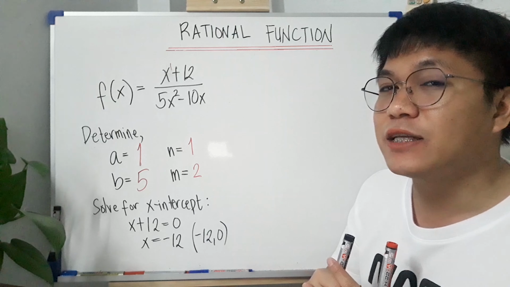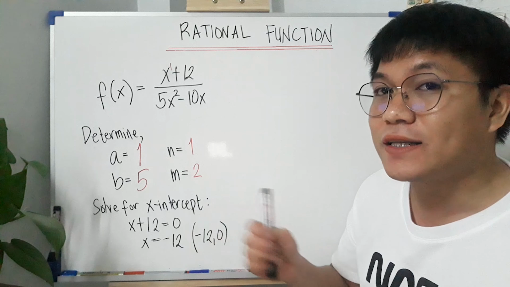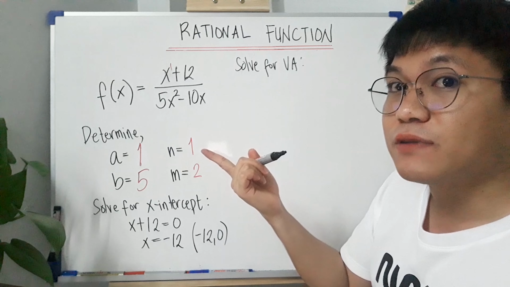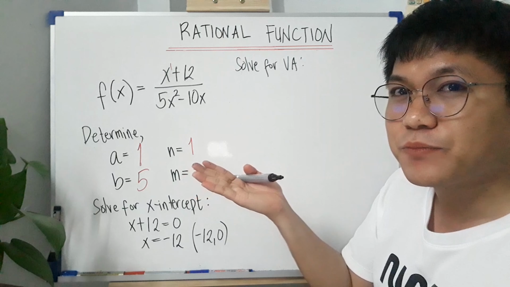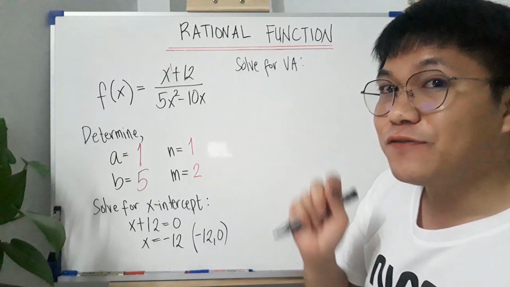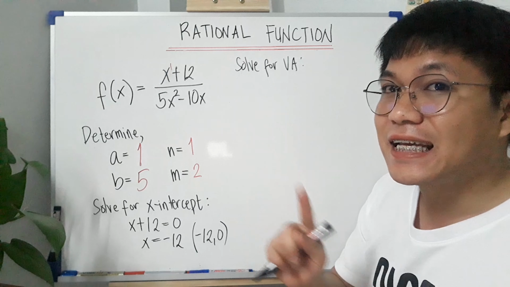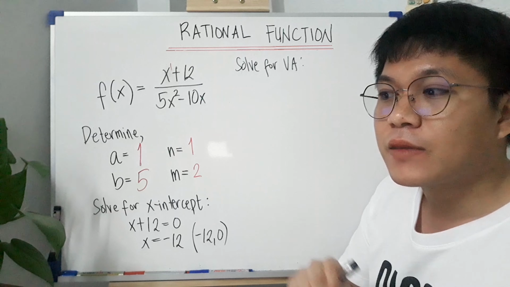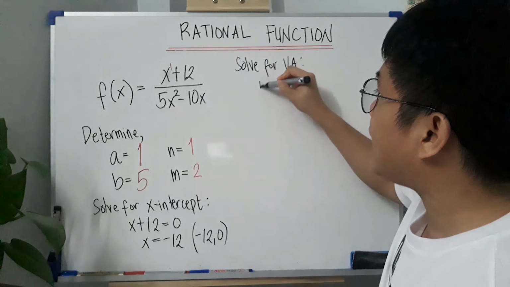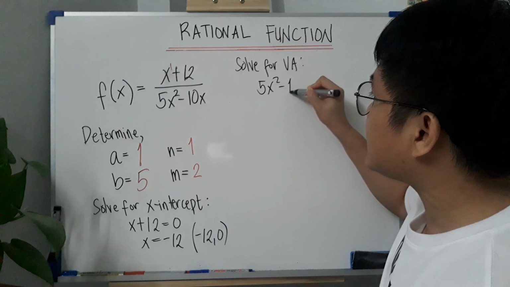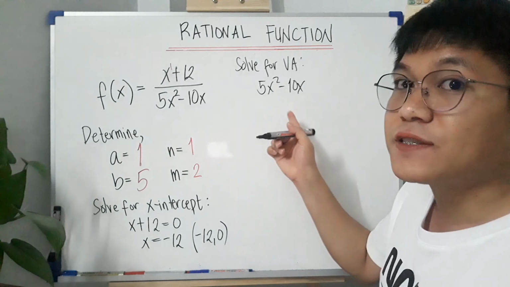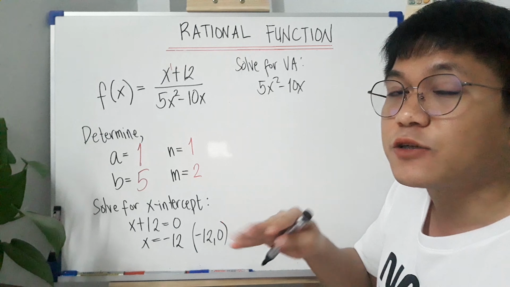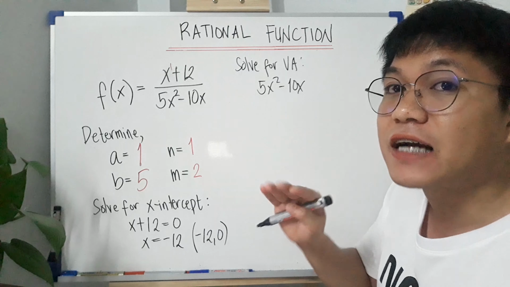Now, let's proceed in solving for our vertical and horizontal asymptote. Let's solve first for the vertical asymptote. What is the process again? Okay, in solving for the vertical asymptote, just like in solving for the domain, we set our denominator equal to 0. Since our denominator is 5x squared minus 10x, if the expression can still be factored, we get the factors of our denominator.